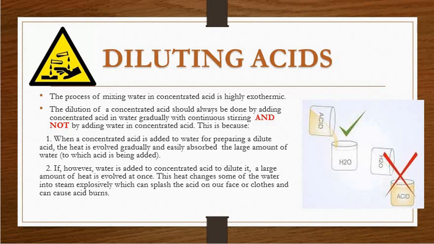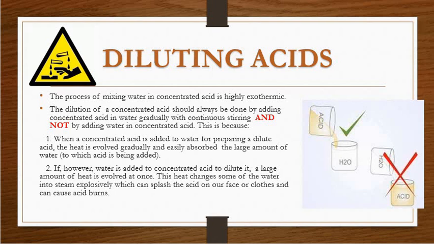But for making dilute acid, we have to take care that it is made in a manner where the user will not be harmed at all by the splash of acid or the energy liberated while diluting the acid.